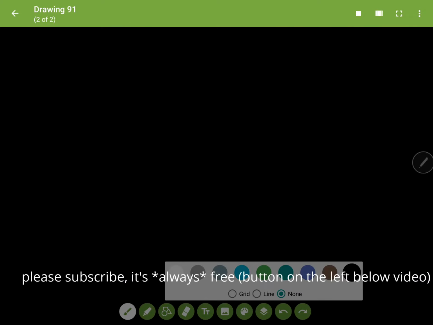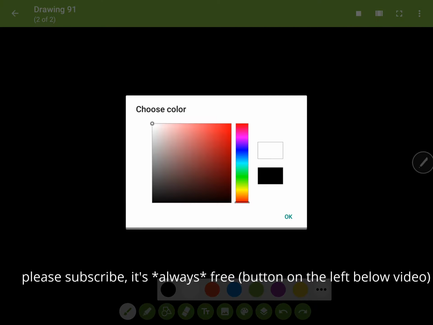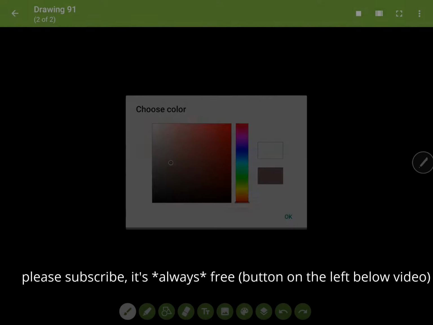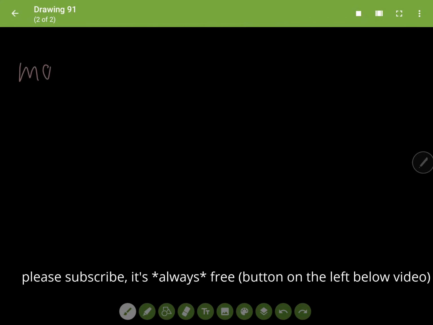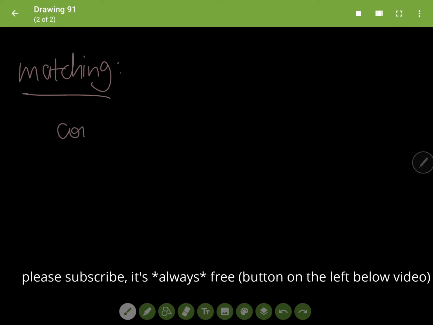So when we're doing matching, ideally, we are evening out our groups. So we have a control and we have a case group.